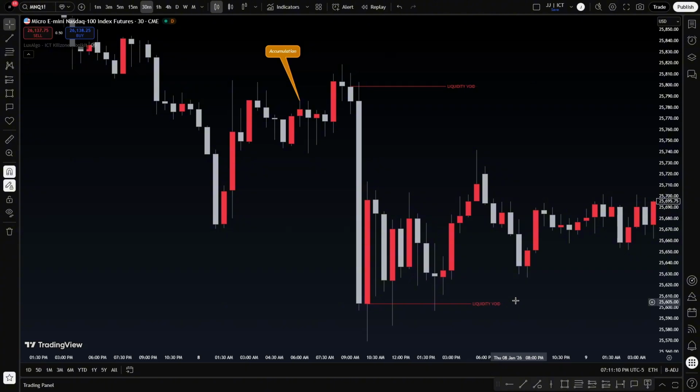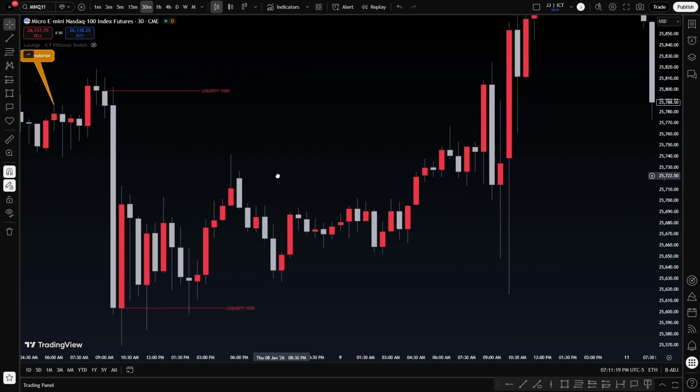So, since it does it so quickly and at such a high magnitude so quickly, it has to fill this ASAP. Does it do it? Yeah. It definitely does it as soon as possible. Definitely. Accumulates. Next day opens up, boom, fills it. That's the ASAP I'm talking about.